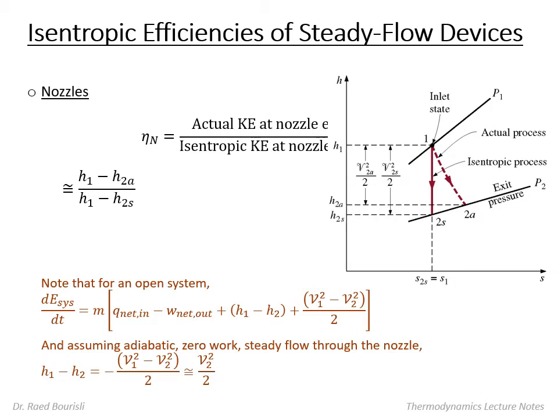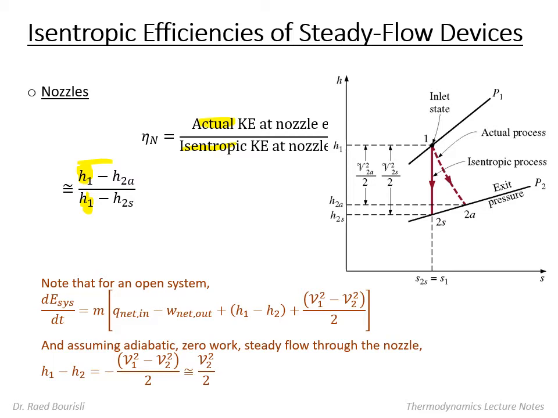Lastly, the nozzle. The idea of the nozzle is to increase the kinetic energy of the fluid. So the actual kinetic energy at the nozzle exit will be less than the isentropic kinetic energy at the nozzle exit, because the energy that got in here, some of it went into kinetic energy and some of it went into heat.